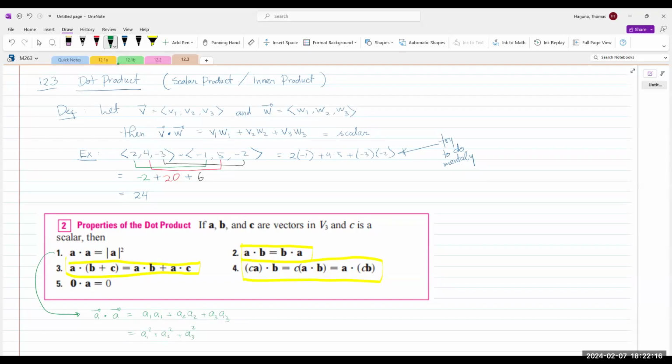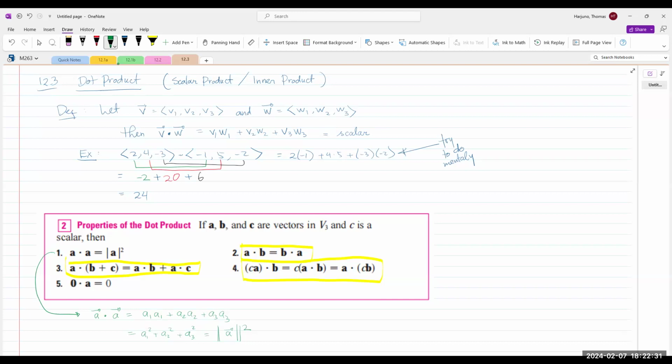That is the square of the magnitude of A. Now that is an important property.